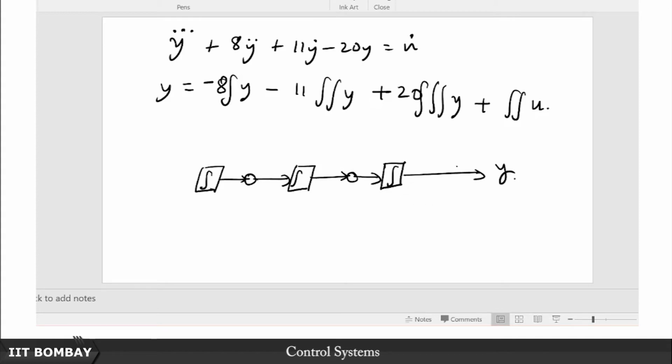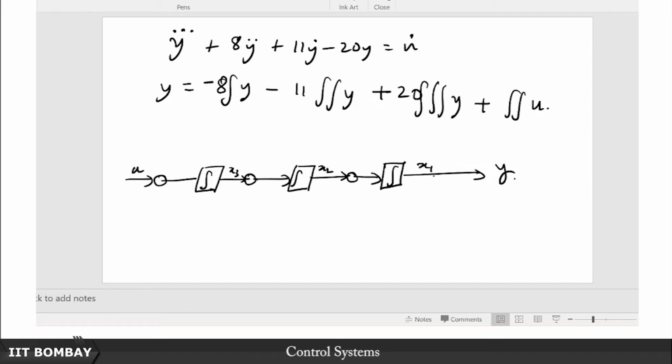I am not putting any feed forward or any summer outside this, because I know that there is no D matrix here. So here it goes. This is my u, this is my y, and now what do I know? This is my, let us say, x1, this is my x2, and this is my x3.